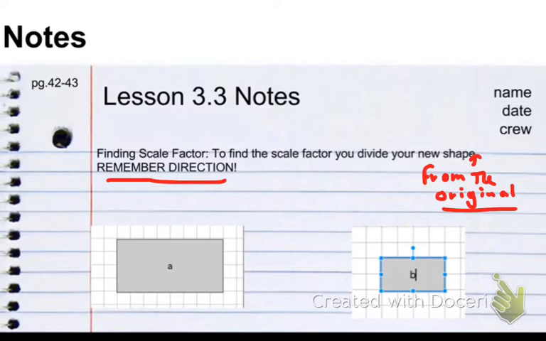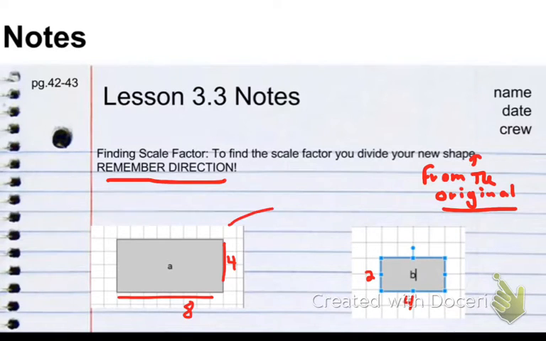If I have A here that is 4 high and 8 wide, I find a corresponding side with B here, and in this case B is 2 high and 4 wide.